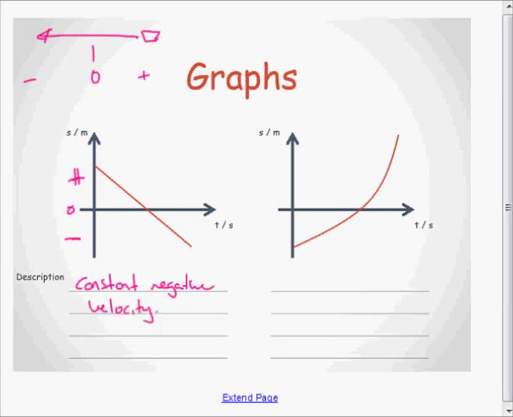So all we're saying here is, you could have just had the graph go to there. We could have said that the object is only traveling back to the start again at a constant rate, so it's constant negative velocity. But you could also travel past that starting point. For the next one here, you've got to think about the positive and negative side, so one's to the left or one's to the right.